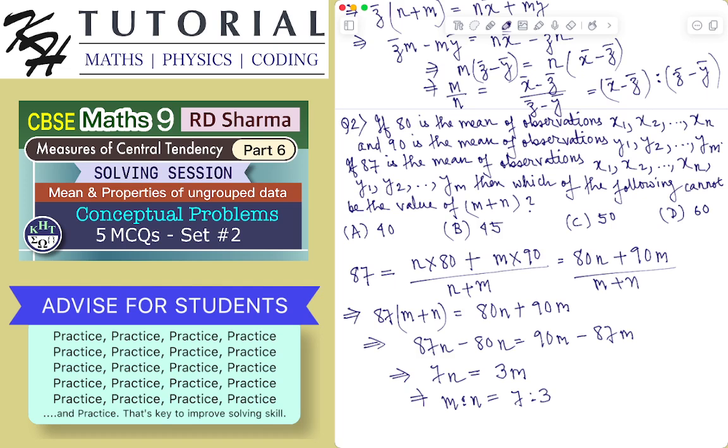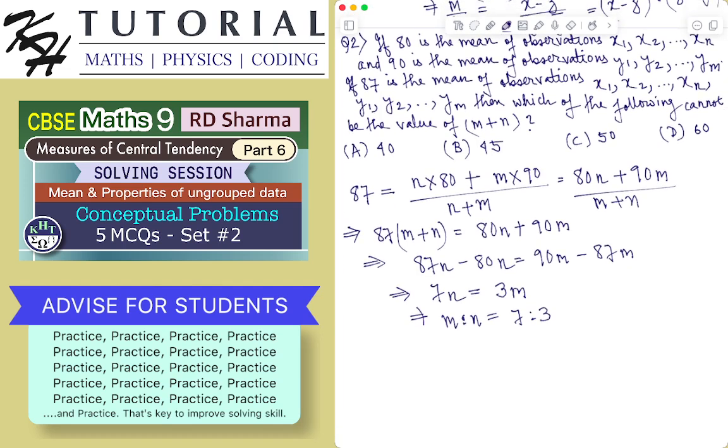Now the problem has asked which cannot be the value of m plus n. We don't know the value of m plus n, so let m plus n be equal to a. We are assuming the value of m plus n to be a, and we found m is to n to be 7 is to 3. We can easily find the values of m and n based on the concept of ratio and proportion.